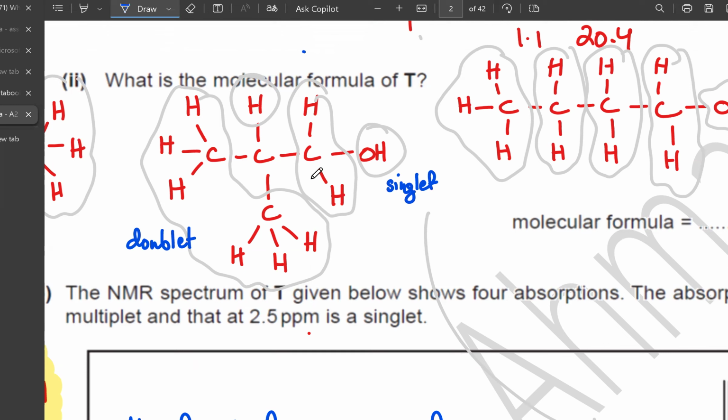This CH2 has one H. Remember, you're going to ignore the OH. The OH and NH2 never split. So for this CH2 the neighborhood is 1H, so that's a doublet as well.